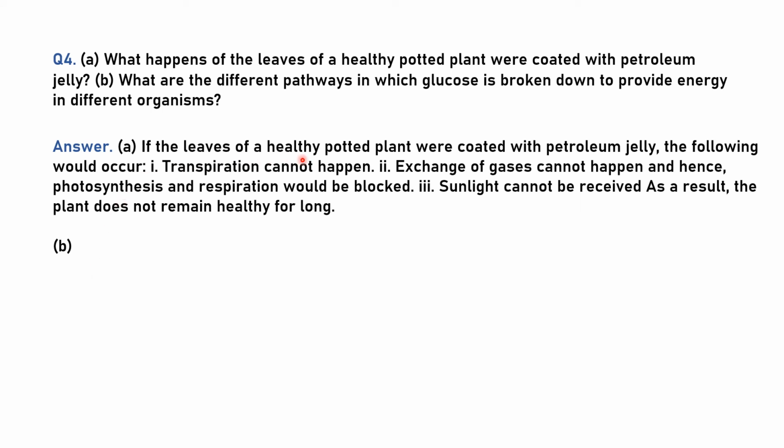If the leaves of the healthy potted plants were coated with petroleum jelly, the following would occur. Transpiration cannot happen. Exchange of gases cannot happen, and hence photosynthesis and respiration would be blocked. Sunlight cannot be received. As a result, the plants do not remain healthy for long. Perfect.